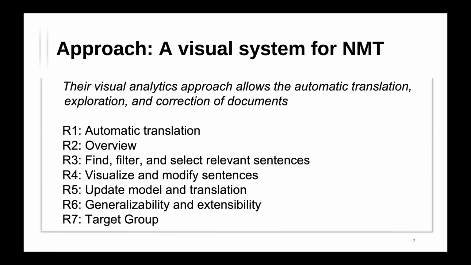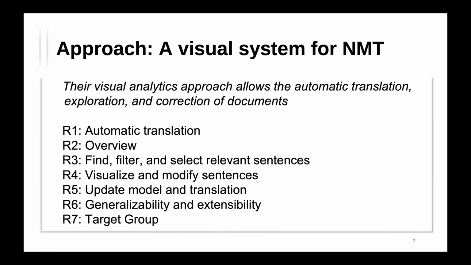Because they think the visual system provides an opportunity for the expert to correct those sentences. So of course they should first let the expert see the translation given by the model, then the expert can correct the translation. I think it's a very basic requirement.